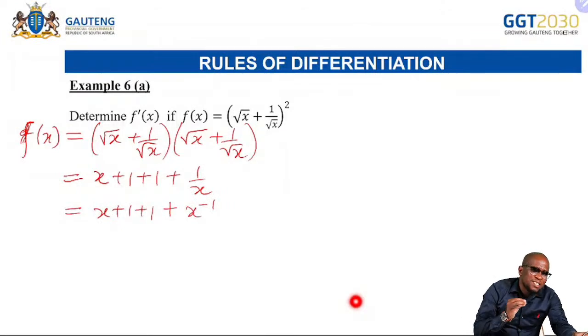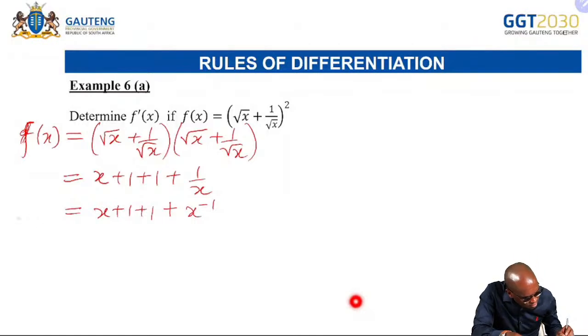Now that this is ready for differentiation, remember, for it to be ready you need to write it in a standard differentiable form, which means that you have no radicals. You remove those radicals, and you also move the variables from the denominator so that they become numerators. That's very, very important.